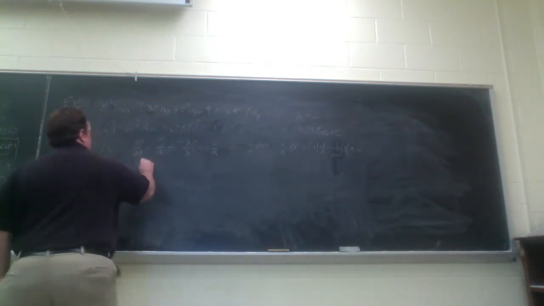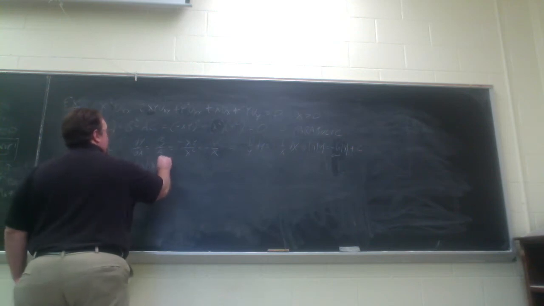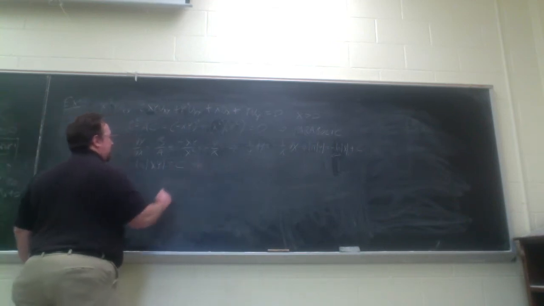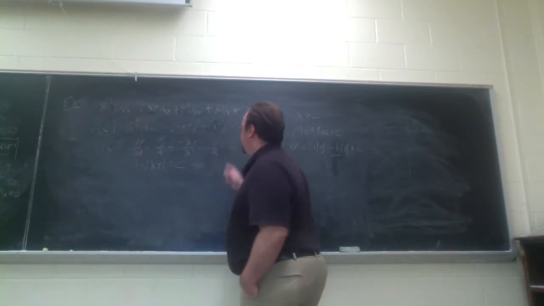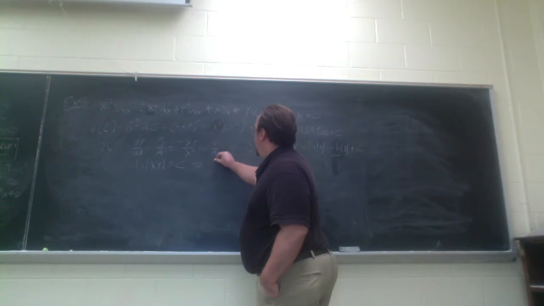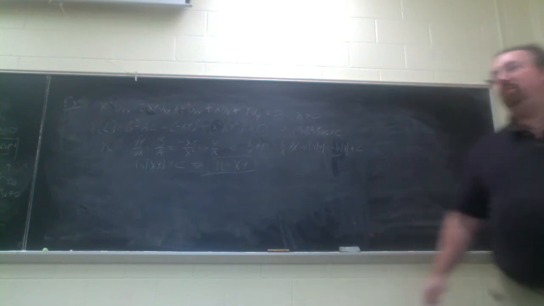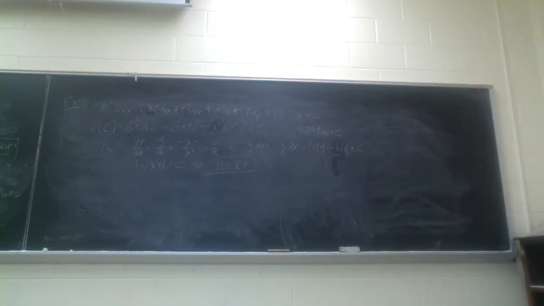So we have natural log of xy is equal to a constant. Why does that work? Because of the property of logs: a sum of logs is a log of a product. That's what I did there. So now you exponentiate both sides, and I'm using eta for my constant of integration. So I have eta is equal to xy. So that works as a part of my coordinate transformation.